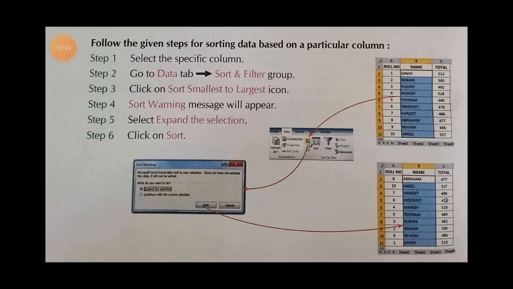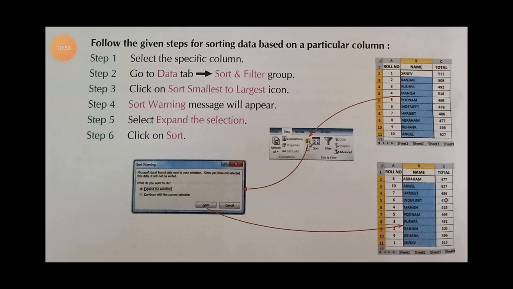After selecting your data, when we click on A to Z, your data will be sorted in alphabetic order, A, then B, then C, like that. Z to A means first will be the data starting from the letter Z, then the last will be A.